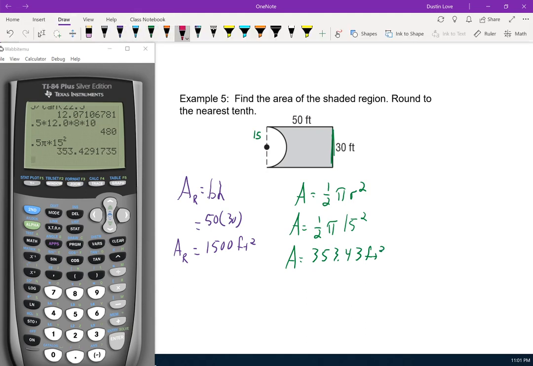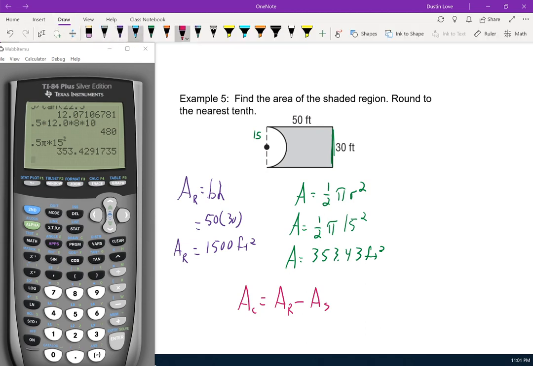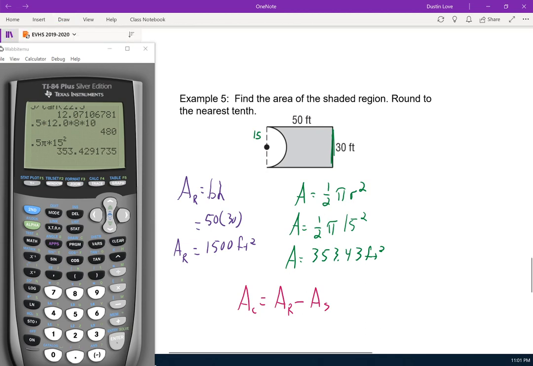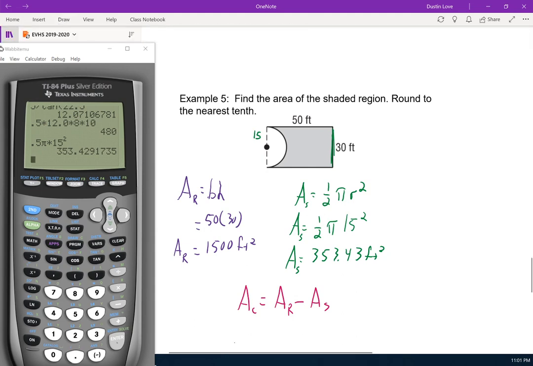And now the area, and I'm going to use C for the composite figure, is just going to be the area of the rectangle minus the area of the semicircle. I guess I probably should have labeled that one as my semicircle. So that is 1,500 minus 353.43.